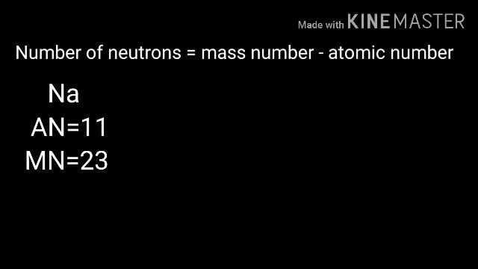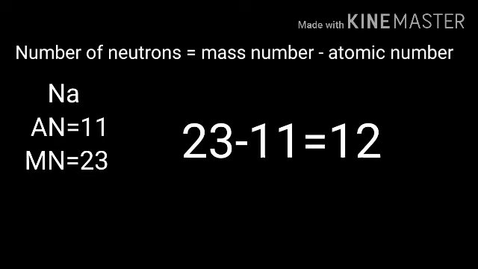Find the number of neutrons. Number of neutrons is equal to mass number minus atomic number, so 23 minus 11, that is equal to 12.